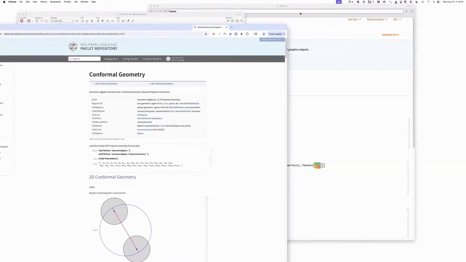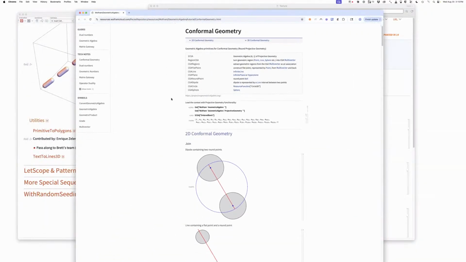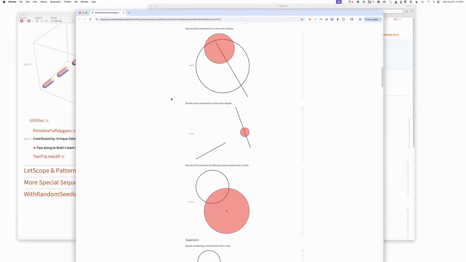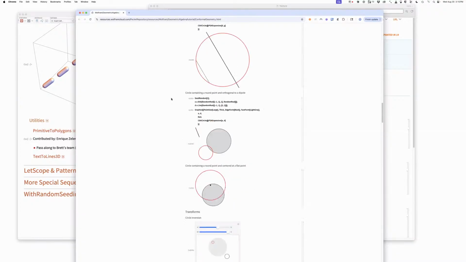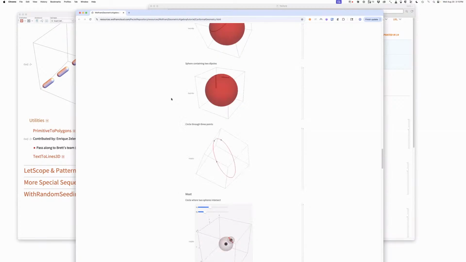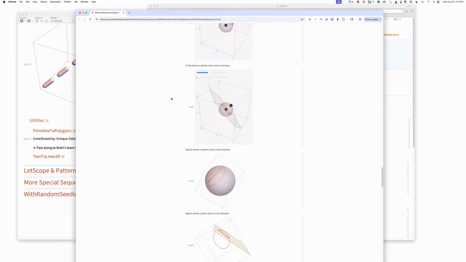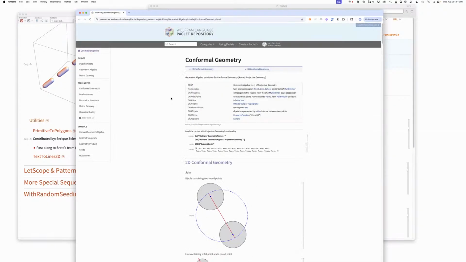Is this yours, Nick? Yeah. Oh. Conformal geometry is something we should be thinking about. This looks nice.